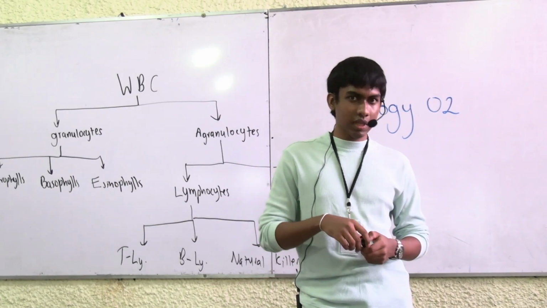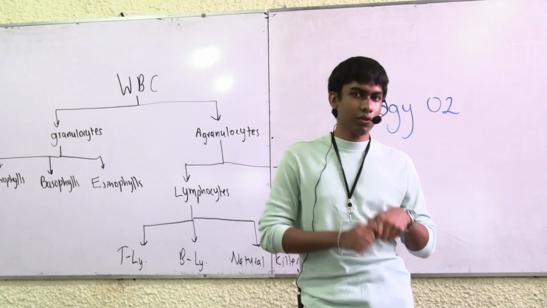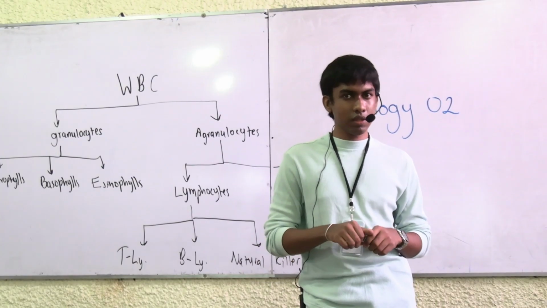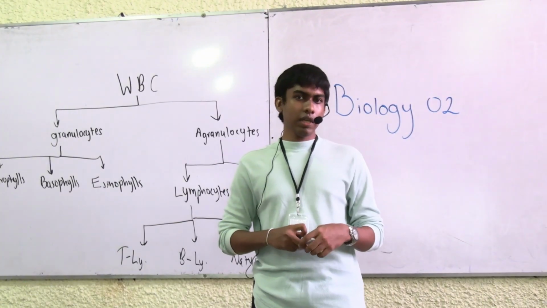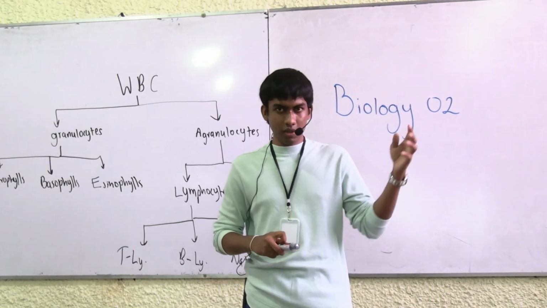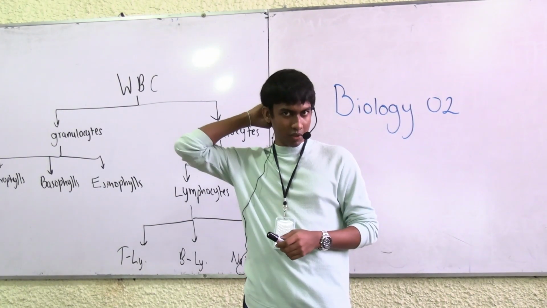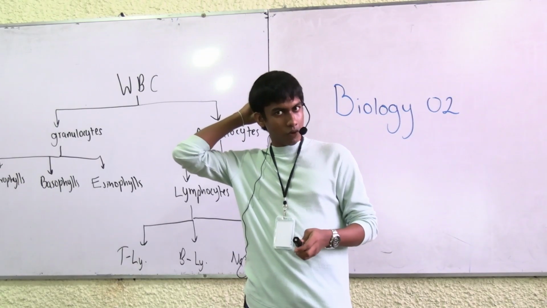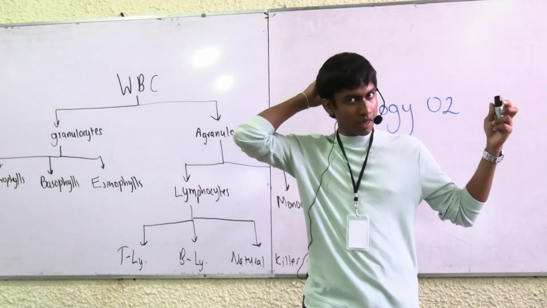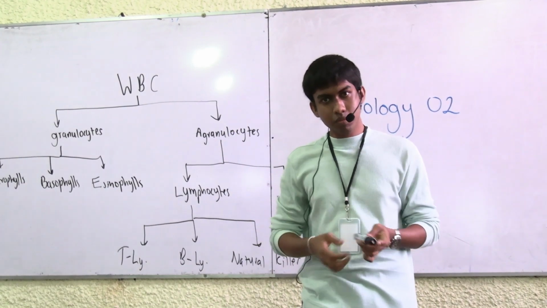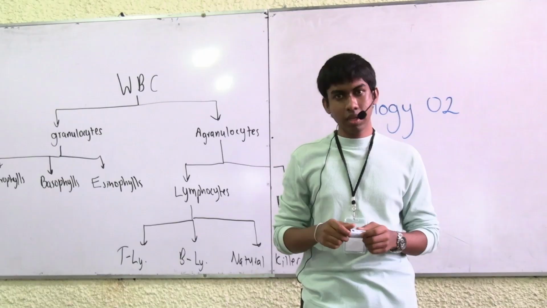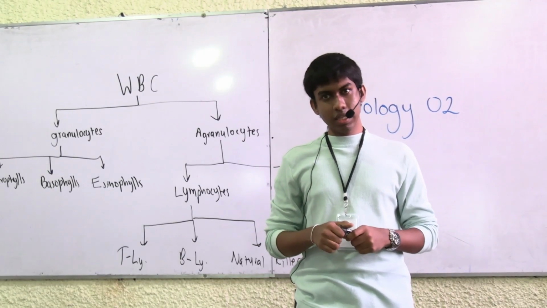The two hormones that the pancreas secretes are insulin and glucagon. Insulin lowers your blood glucose level, and glucagon increases it. When you consume a lot of sugar, your blood glucose level increases, and the pancreas secretes insulin. Then insulin converts glucose to glycogen, which is stored in your liver and skeletal muscles.